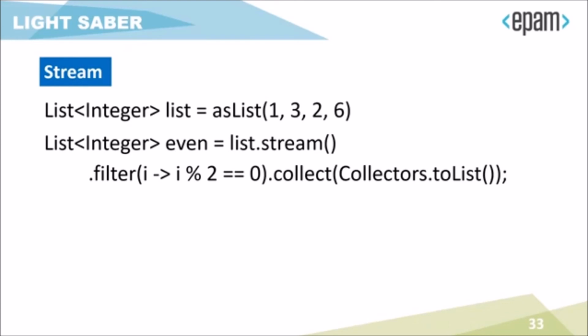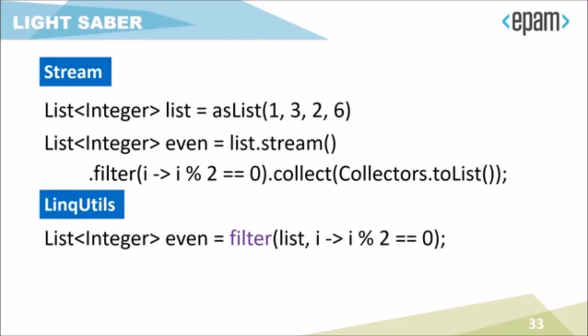For doing this, we need to write something like this code. You will transform your list to a stream, do your stuff around the elements, and then collect back to the list or some other array or something like this. In GDI, we can do it much simpler.